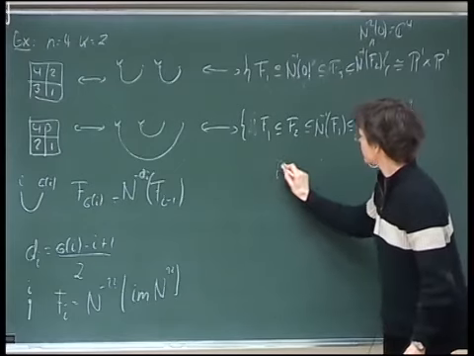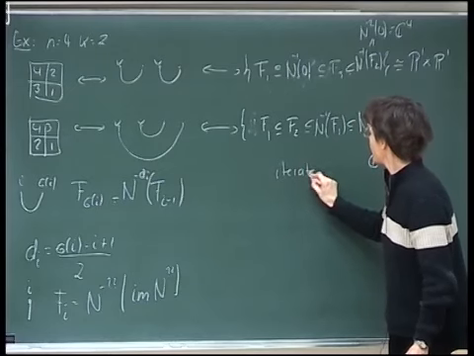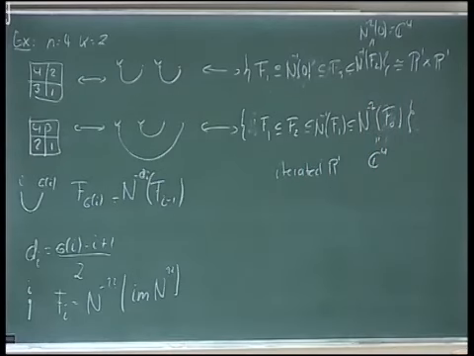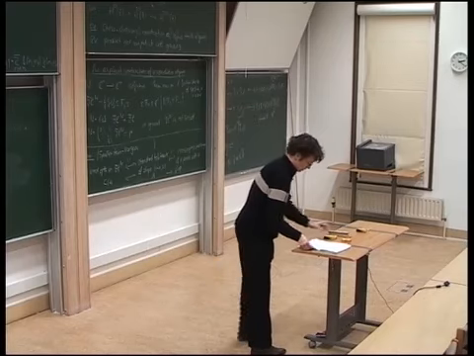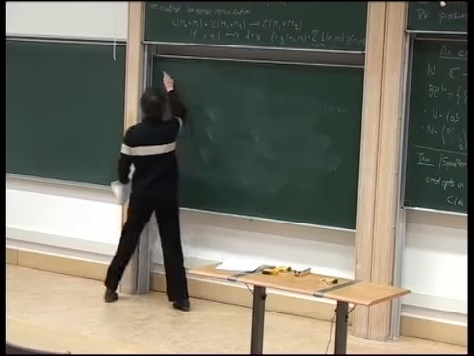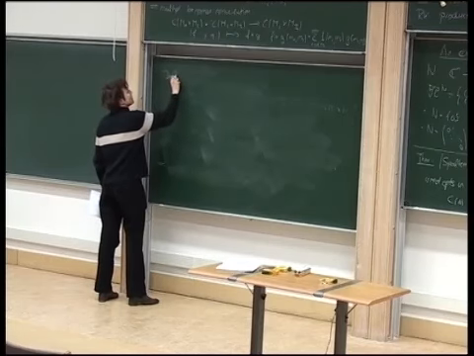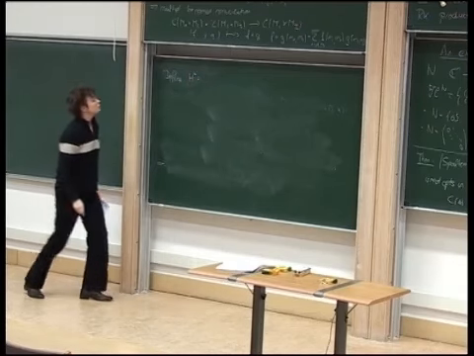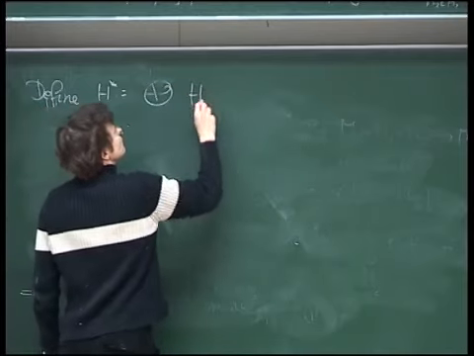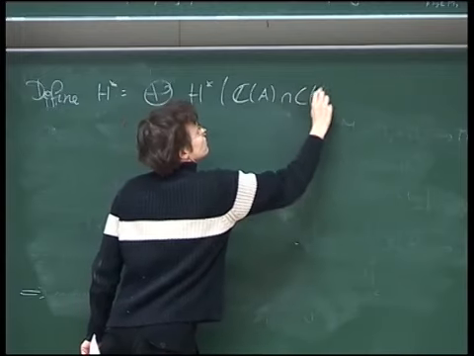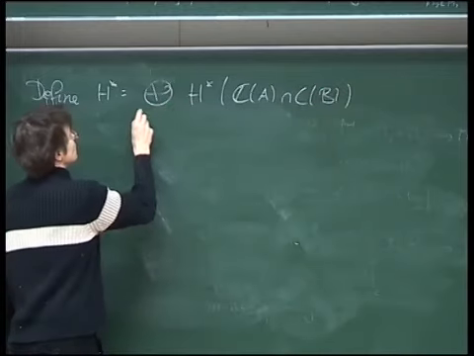So this is an iterated P1 bundle. So now I want to construct a convolution algebra by defining the underlying vector space to be just the pairwise intersections of these components.